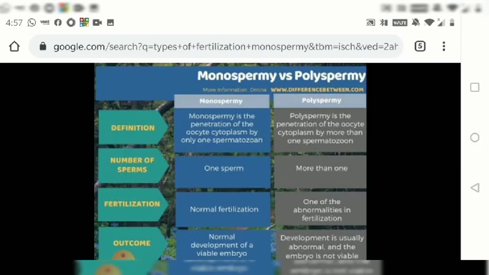So usually in what type of animals does it take place? It takes place in coelenterates, annelids, echinoderms, bony fishes, frogs and mammals. So remember, monospermic means only one sperm enters into the egg. That type of fertilization is called monospermic fertilization.